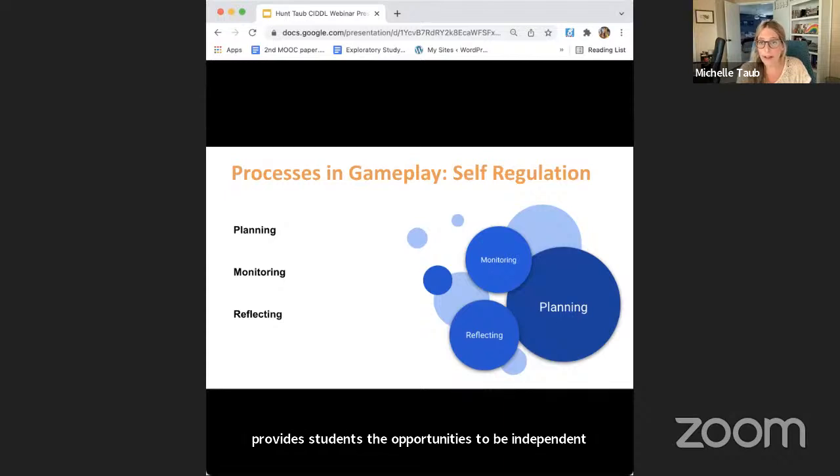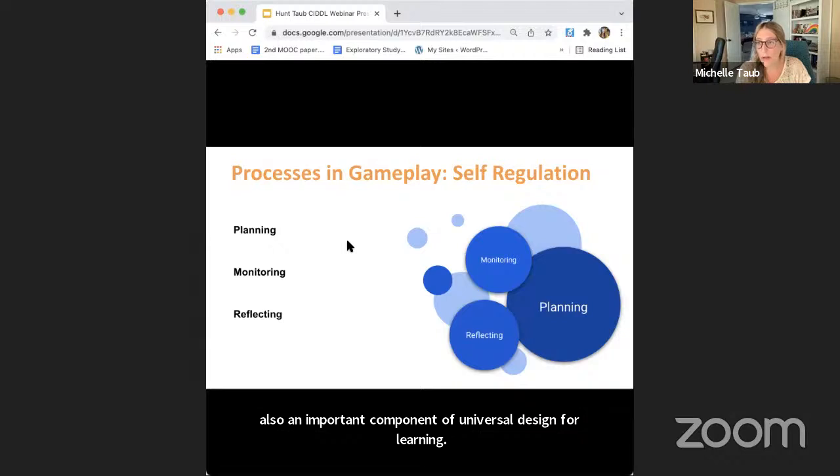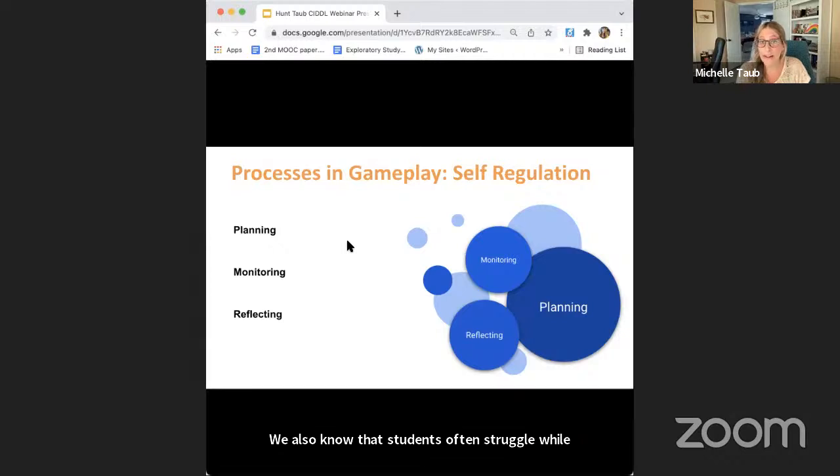When students are self-regulating, they're being active learners, by engaging in strategies related to planning, monitoring, and self-reflection. Research shows this can be beneficial for students, and it's also an important component of universal design for learning. We also know that students often struggle with self-regulating. So we felt it was important to try and foster these skills within Dream to Be, and that's why we developed these nudges within the game.